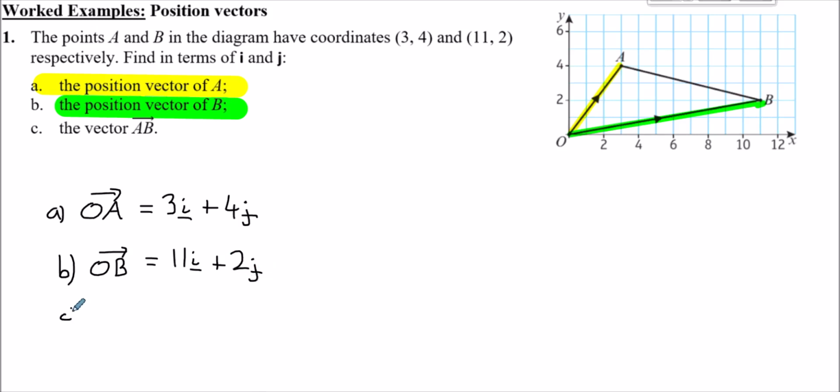Part C is where we use parts A and B, what we've done before. We need to work out the vector AB. So finally, we're working out this one, which is starting at A, how could we get to B? And it's one of these road map sorts of questions. How do you go from A to B? We don't know a vector connecting A and B. We don't know a road.